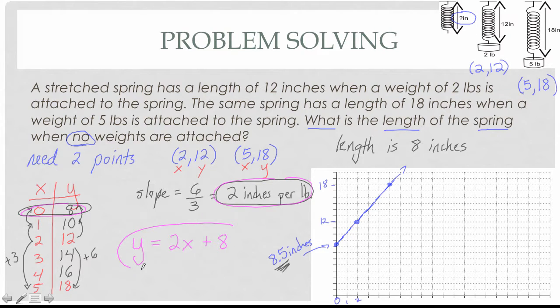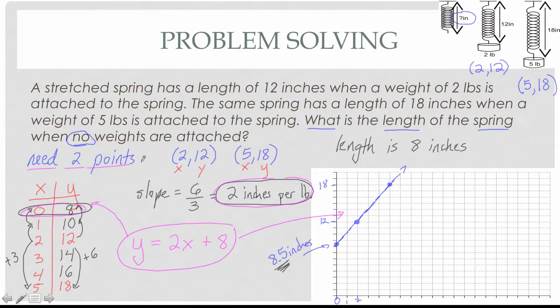And there is an equation that fits what we graphed, and it fits our table, and it fits this whole scenario. It's a great problem. Hopefully you followed all that. Again, what did I need? I needed 2 points to start off this whole process with.